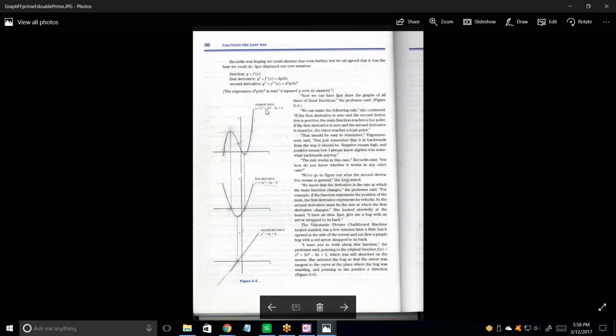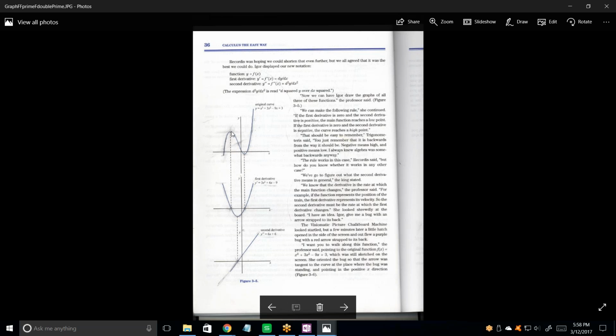Top is the original function. The middle is the first derivative. And the bottom is the second derivative. And what it shows you here, the most important thing it shows you is these fundamental relationships between function and first derivative. Notice the most fundamental one is when the original function is increasing, first derivative has to be positive, which it is.